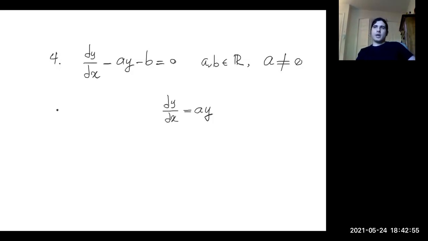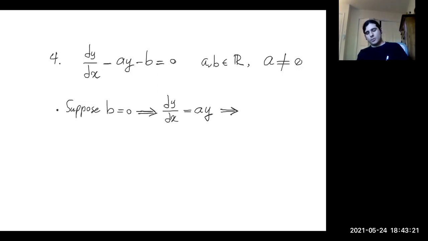We solved that, this is the first example we solved. So for a moment suppose b is equal to 0. Then we would get this equation, which we already solved. We know what the solution to this equation is.